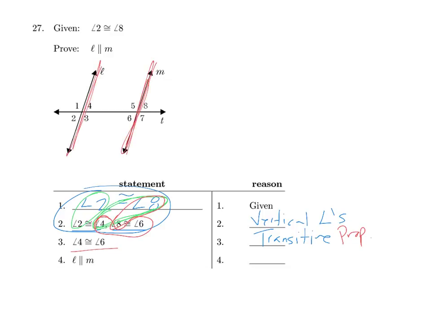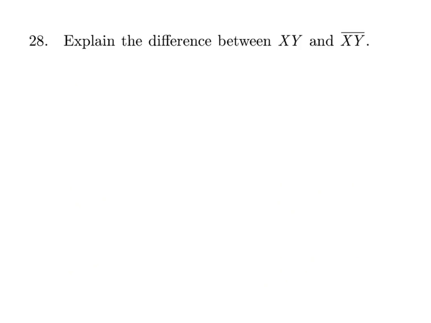By what reason? Well, these are alternate interior angles here. But whenever you're providing a reason for why lines are parallel, you use the converse. Whenever you're trying to prove lines are parallel. All right, that's all there is to that.